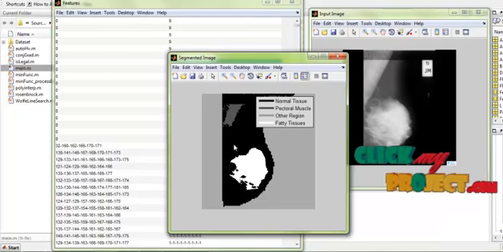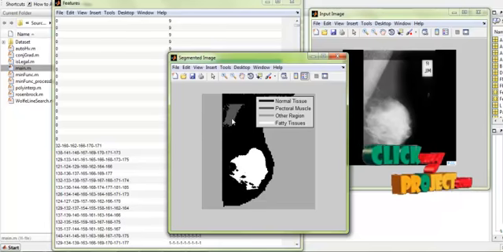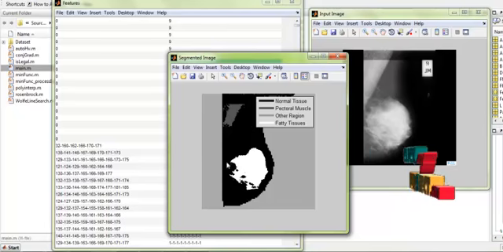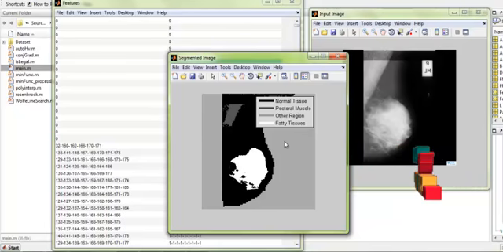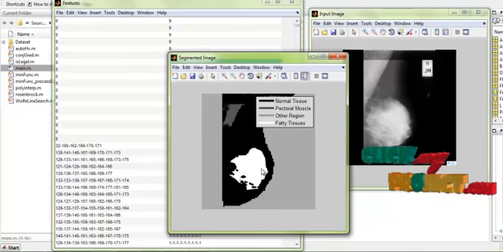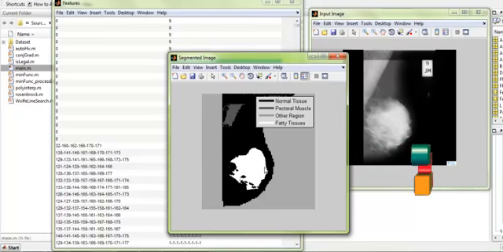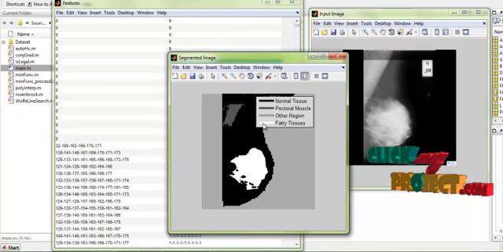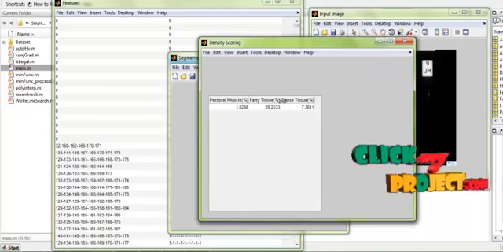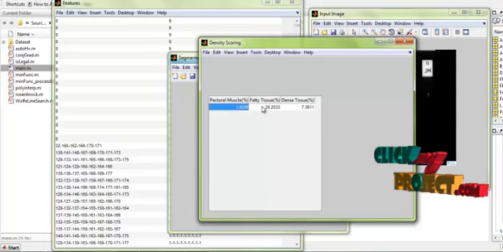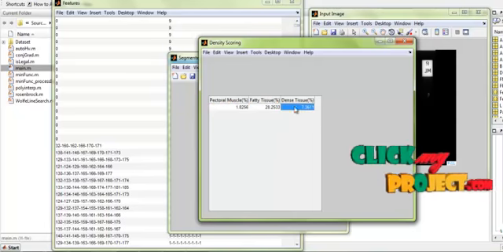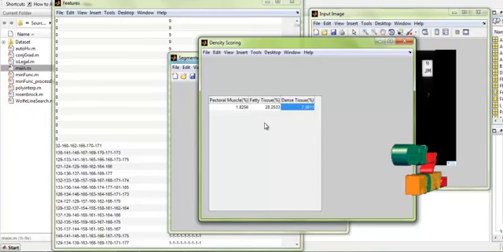As we can see, the pectoral muscles, normal tissues, fatty tissues, and the other regions were segmented separately. From this, we can measure the percentage of the tissue ratios in each of the regions. This is the density scoring obtained for the pectoral muscle regions, fatty tissues, and the dense tissues value.